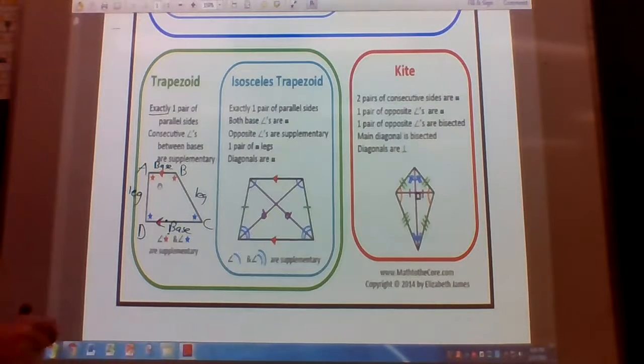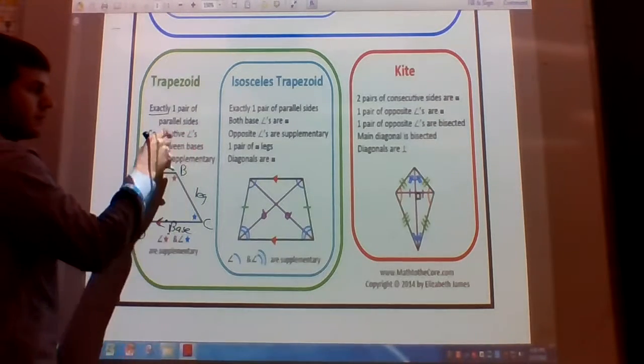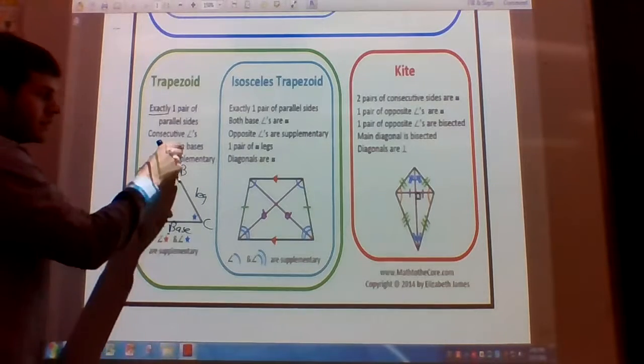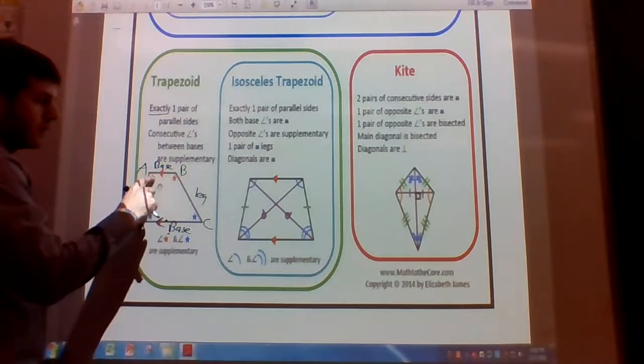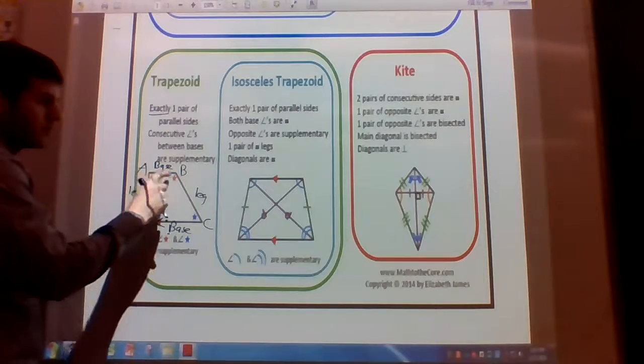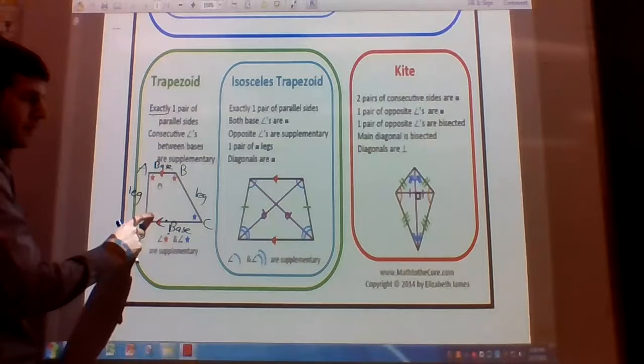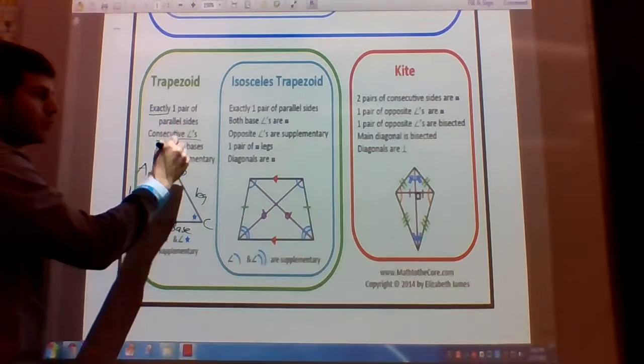Consecutive means right next to each other. We have two consecutive angles here and two here, but we want the consecutive angles that are between the bases.